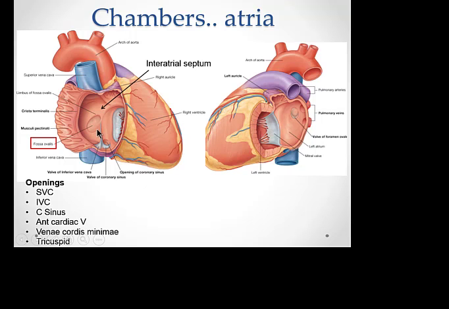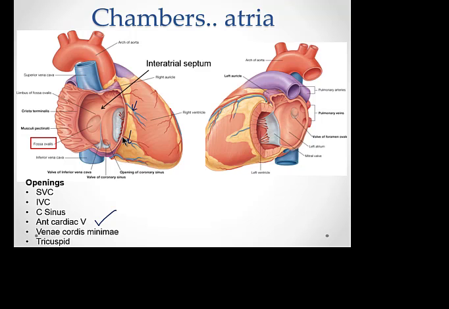What you can see a little bit here are these veins, called anterior cardiac veins. They open separately into the right atrium. They drain some of the myocardium of the heart and open separately into the right atrium.